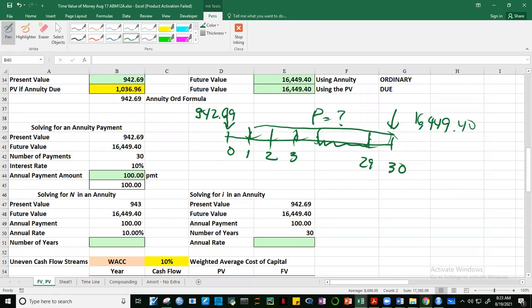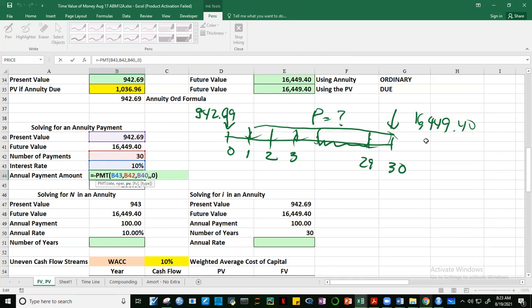Yun ang problem. So that's why we use only one. Pero assuming 942.69, tapos meron pang 16,449, then that will change the problem. So let's first show: we use PMT, rate of 10% and 30 years, then I use here present value of 942. Hindi natin ginamit yung 16,449 kasi equivalent lang ng 942.